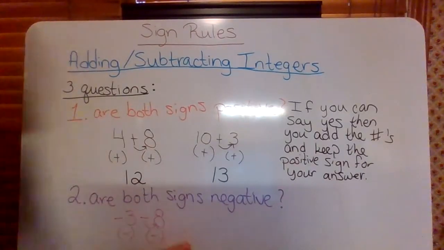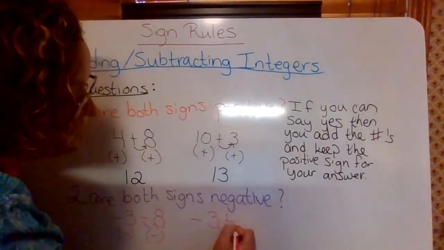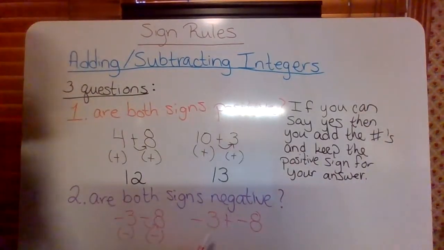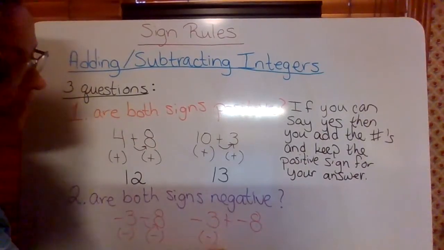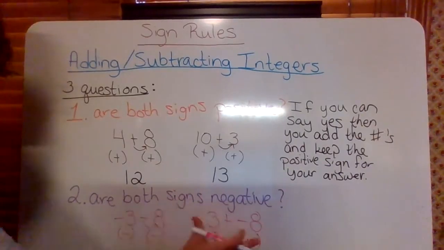Another way you'll see it is you could also see it written this way. Okay, this is what some teachers tell you to change this to. Either way, these are the exact same statement. They both tell me that both the 3 is negative and the 8 is negative. Doesn't matter which way you see it.